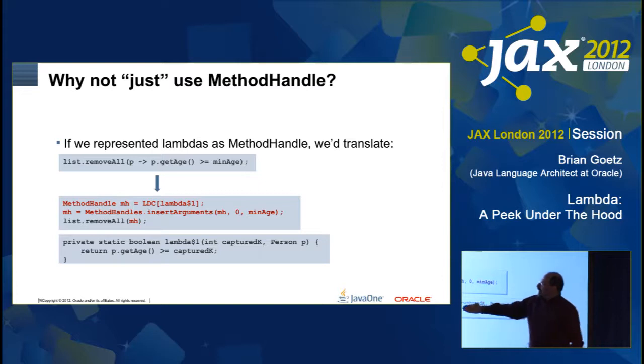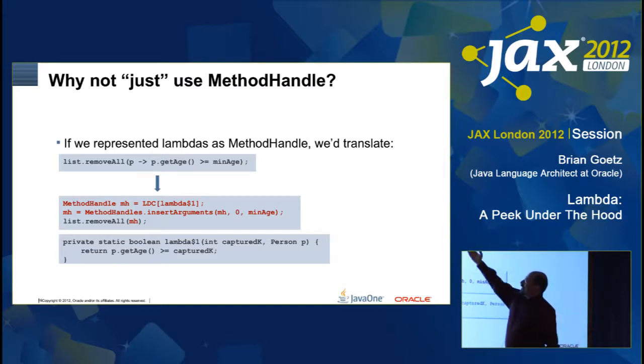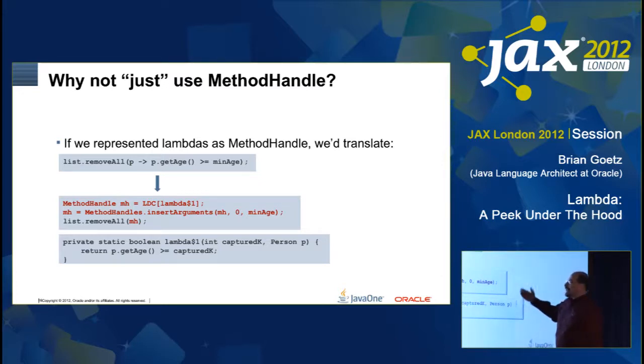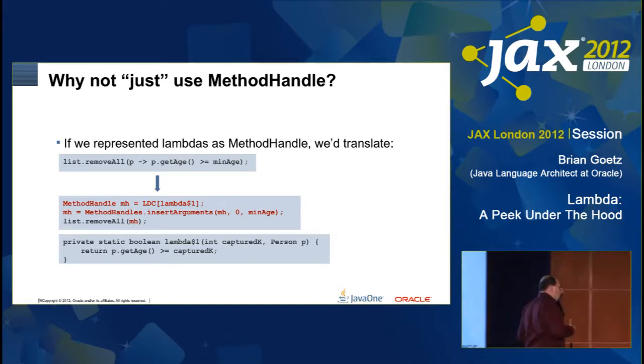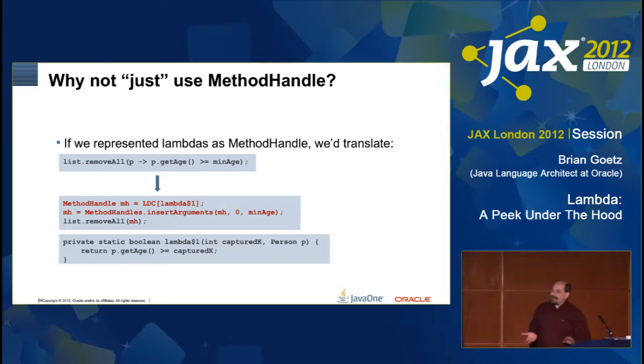Then the body is translated directly from the body of the lambda expression, and to call it, all we do is load the method handle for this method, stick on this captured argument, min age, and pass it to removeAll. So we could have done that, and that would have been really straightforward also.